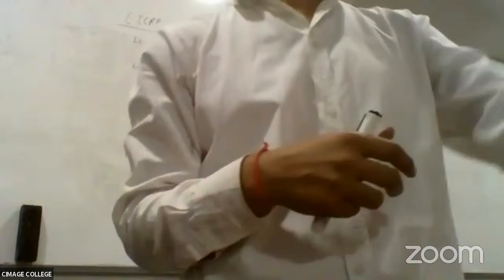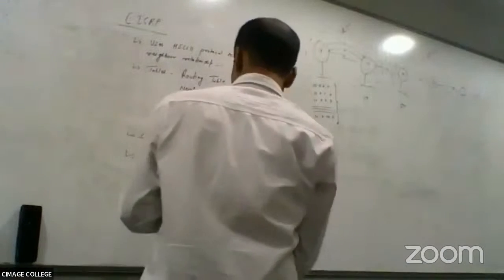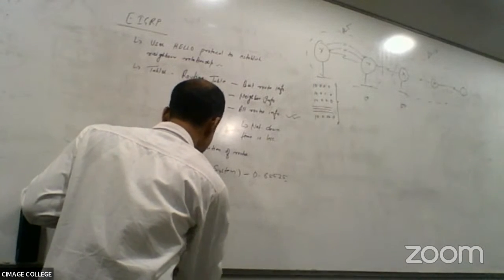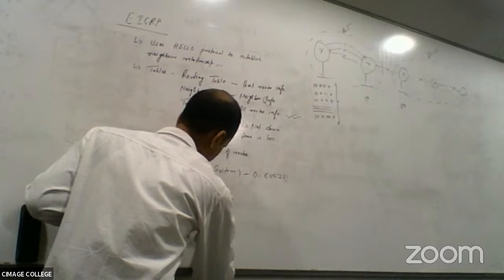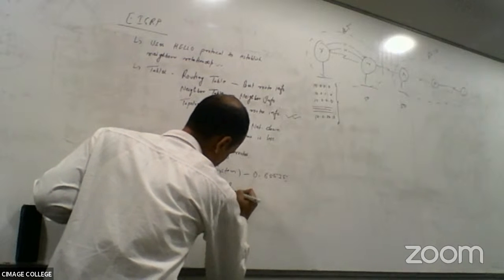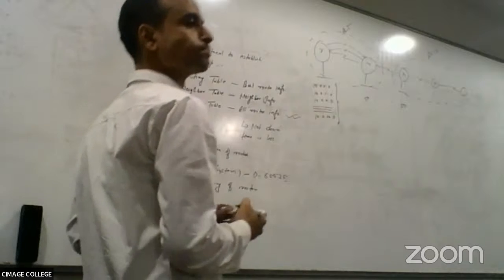I'm repeating my sentence again and again in different ways for your understanding. So AS is used for grouping of routers.